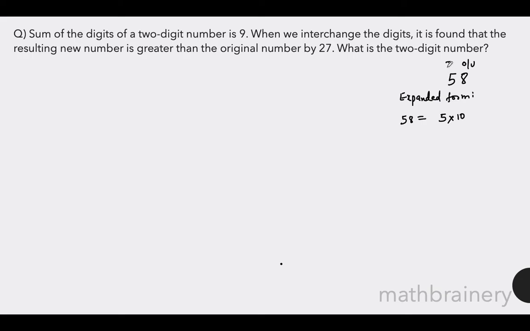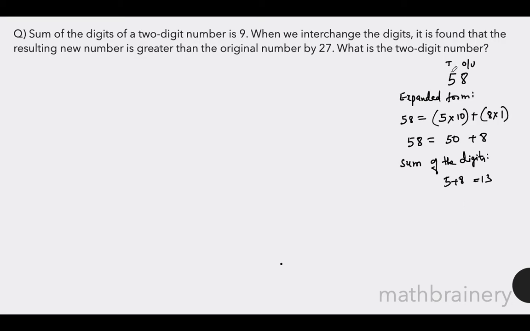Here 5 is in tens place, so 5 into 10 plus the digit 8 multiplied by its place value, that is 8 into 1. That means we will be writing 58 as 50 plus 8. And what do you mean by sum of the digits? Sum of the digits is 5 plus 8, which is 13.